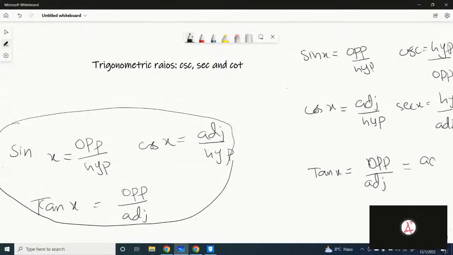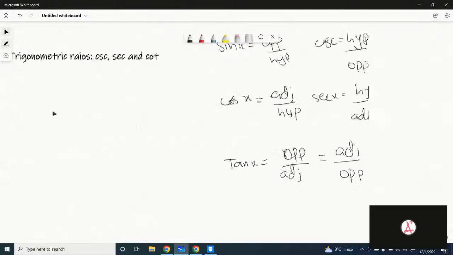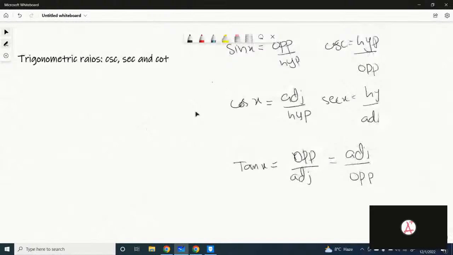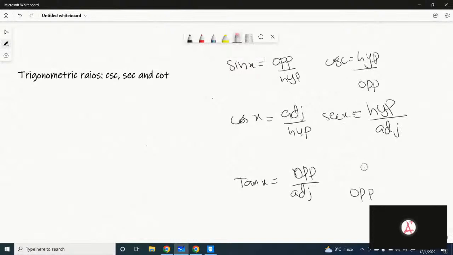So cot would be adjacent divided by the opposite. Oh, sorry, I forgot to write the cot.